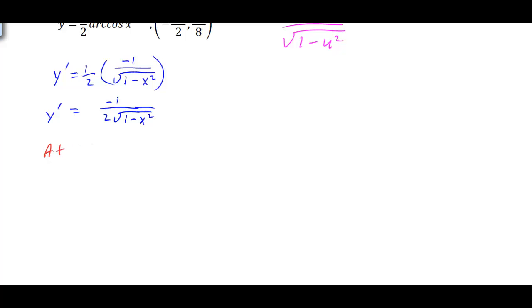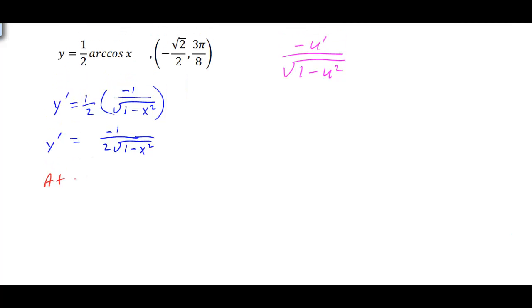So if we look at our point, negative square root of 2 over 2 and 3 pi over 8, we're going to end up with y prime equals negative 1 over 2 times the square root of 1 minus x squared.